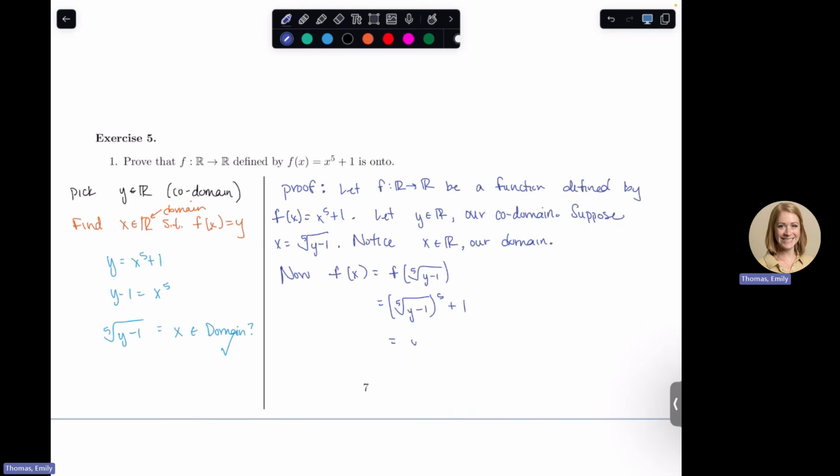That is y minus 1 plus 1, which is y. So we have found x in R such that f of x equals y. So f is onto.